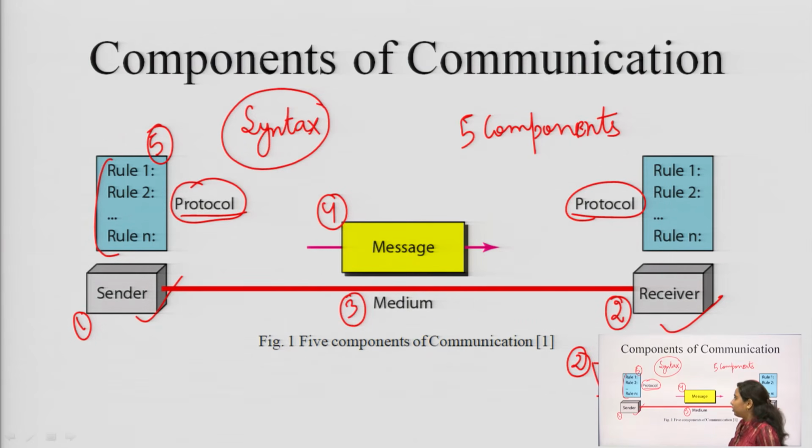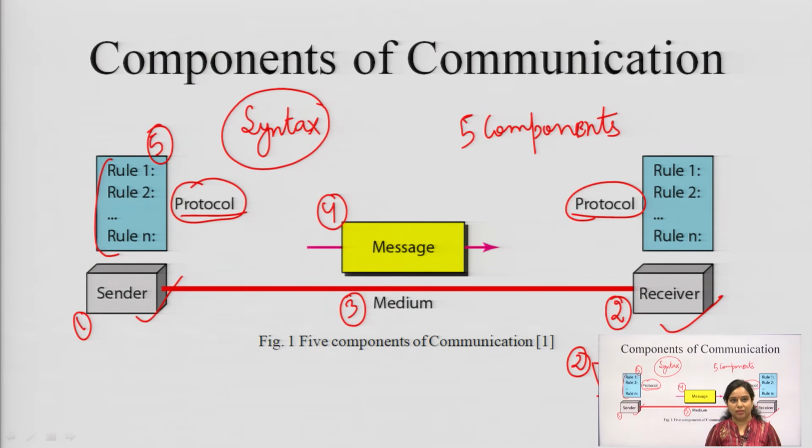So, I am going to summarize the components of communication. There are 5 different components of communication. First one is the sender, the transmitter, which is the generator of information. Second one is the receiver, the person or the device to which the information is going to be sent. Third one is the medium, it may be connection oriented, it may be connectionless.